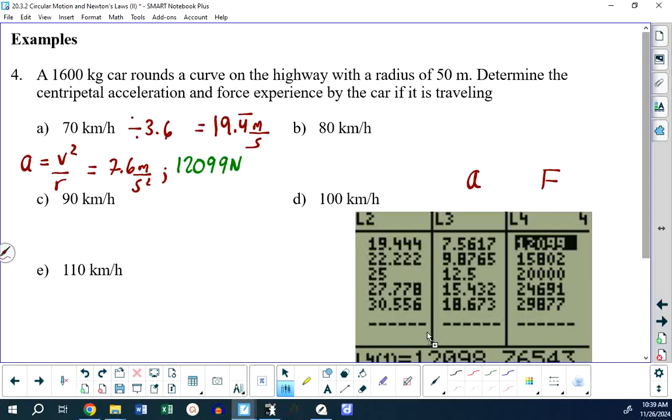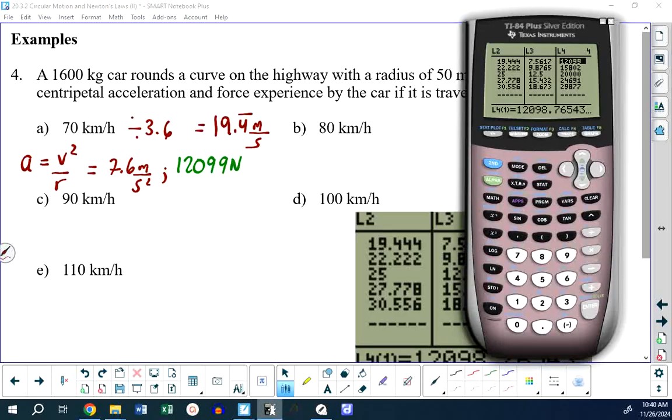If you were asked to compare the accelerations to the acceleration due to gravity, we would be dividing all of these accelerations by 9.81 to find out how many g's. Which would mean, I guess I could take L3, quit out of here first.